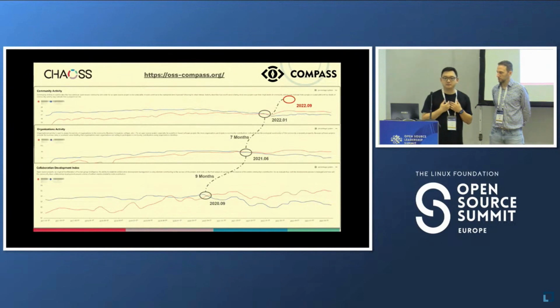What can I do to stop the decline? And one important note: even the CDI, the Collaboration Development Index, is still a proxy indicator. It has some latency compared with what really happened.